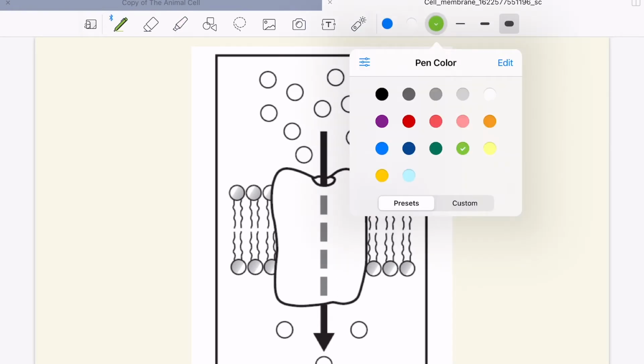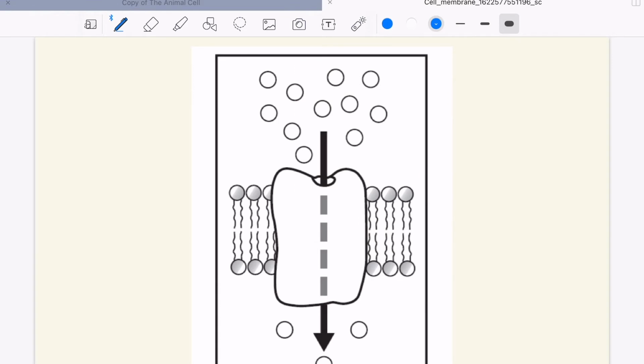This again is a picture from a Regents question, and it is showing us facilitated transport. Hold on, this is a little too thick. This is facilitated transport.